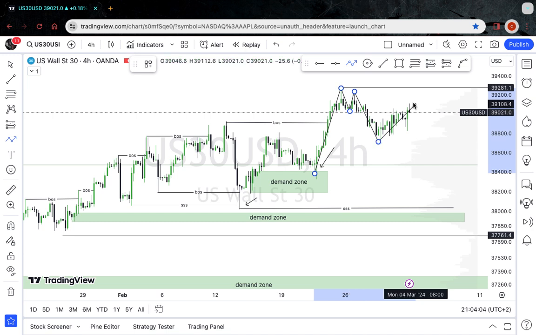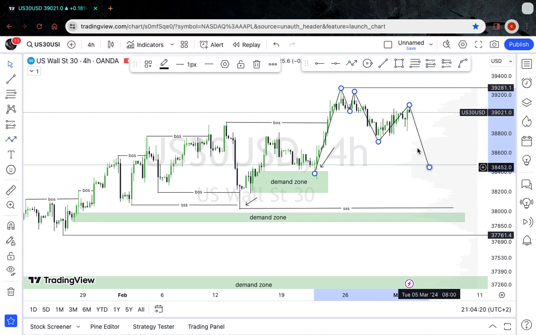And then you can definitely see that this low is no longer equal to these ones, meaning that's where we can say we're expecting the market to push to the downside, you understand?